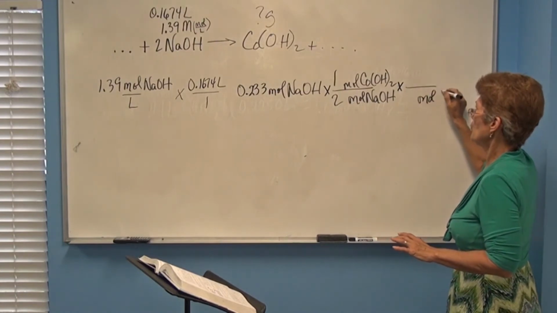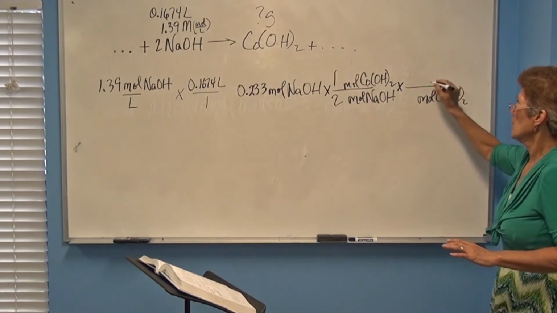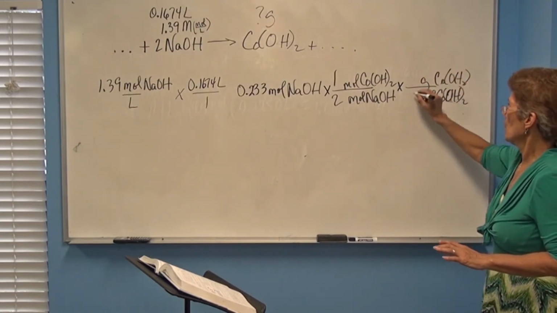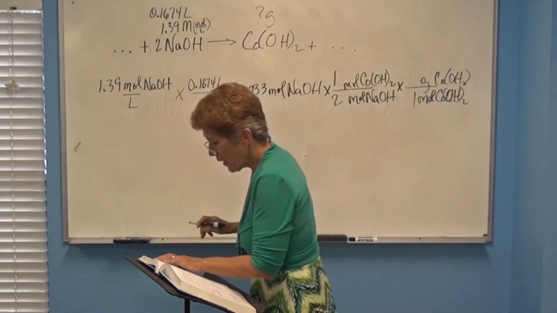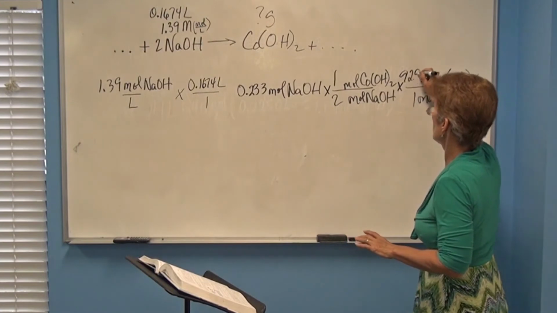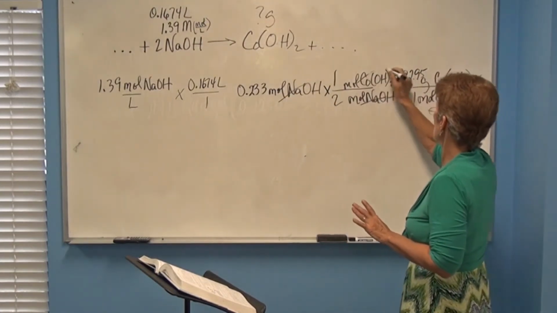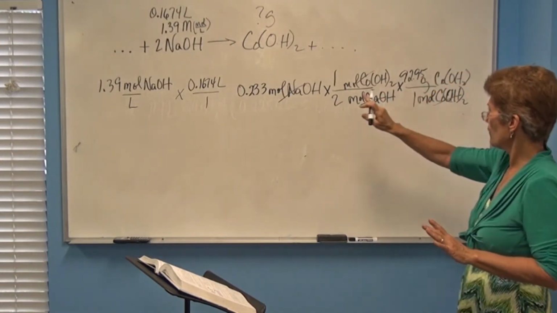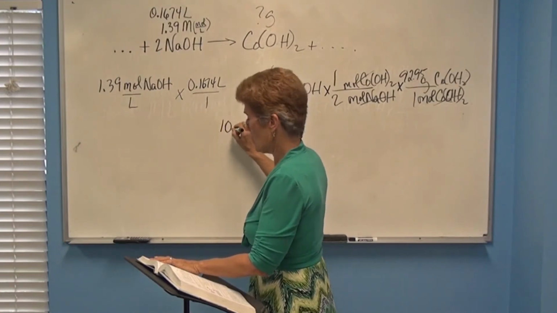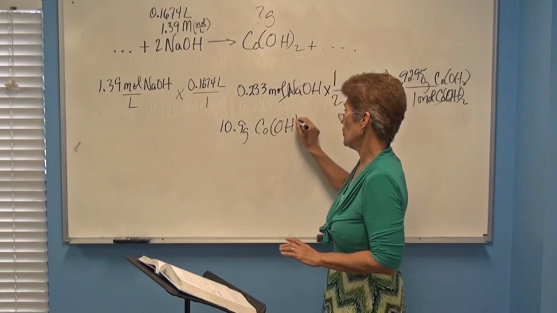Moles of cobalt hydroxide to grams of cobalt hydroxide. 1 mole of that is 92.95 grams. Okay, now we'll be left with that. We have 3 significant figures, so our answer has to be in 3 significant figures, so it's going to be 10.9 grams of cobalt hydroxide.